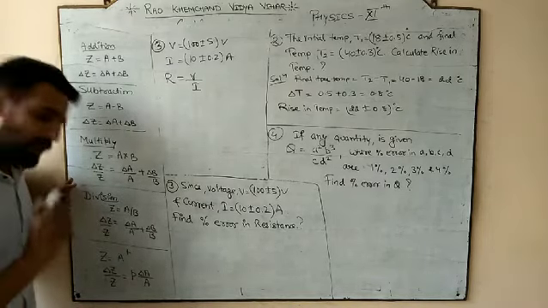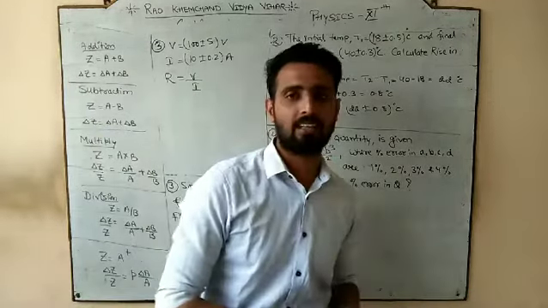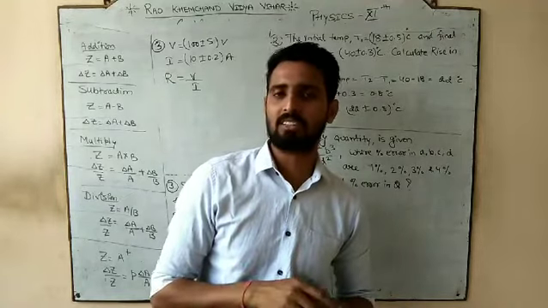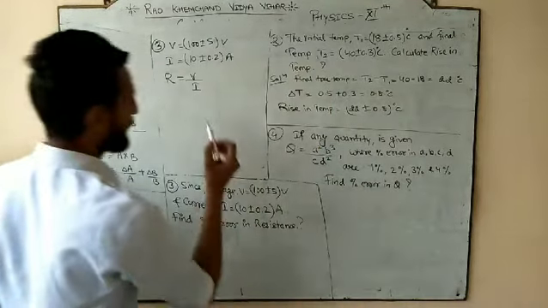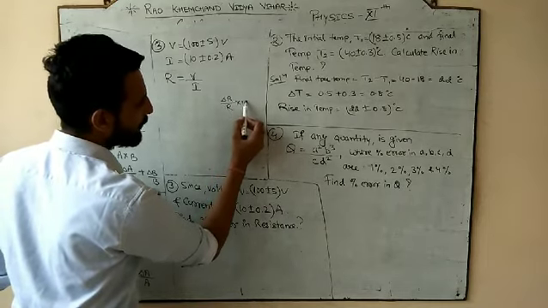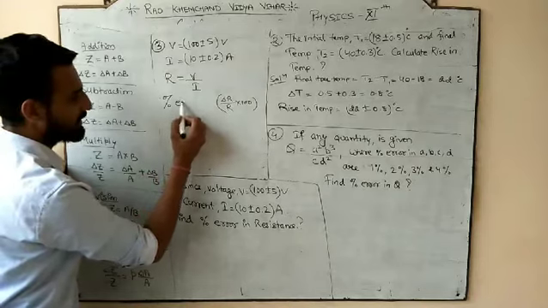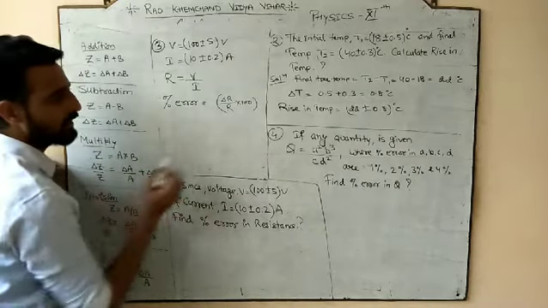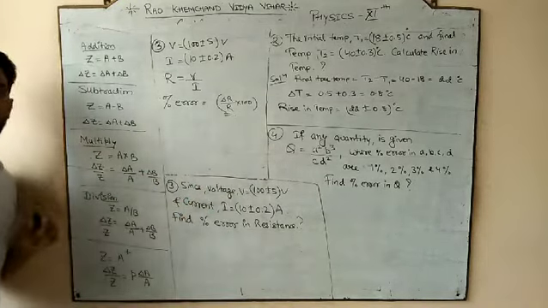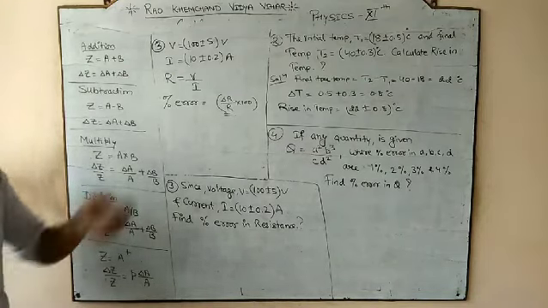Percentage error. If you revise your previous lecture where we discussed relative error, you know that percentage error is always relative error into 100. So if I want to calculate the percentage error in the resistance, first of all I have to calculate the relative error.